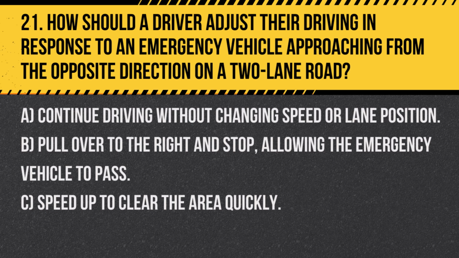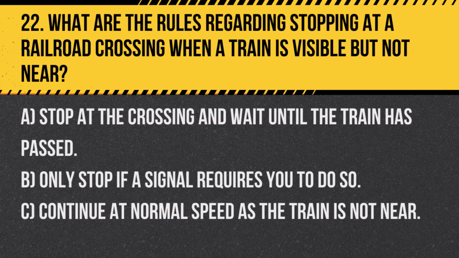Answer: B. Pull over to the right and stop, allowing the emergency vehicle to pass. This action is required by law to ensure that emergency vehicles can get to their destination as quickly and safely as possible.